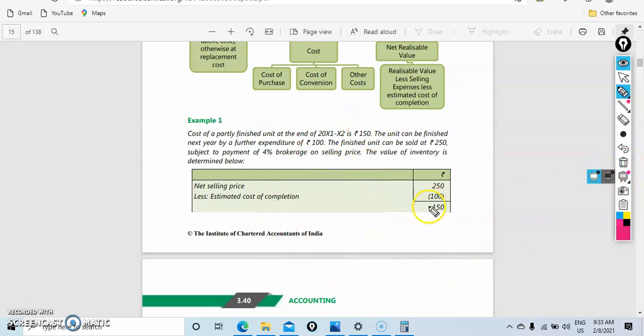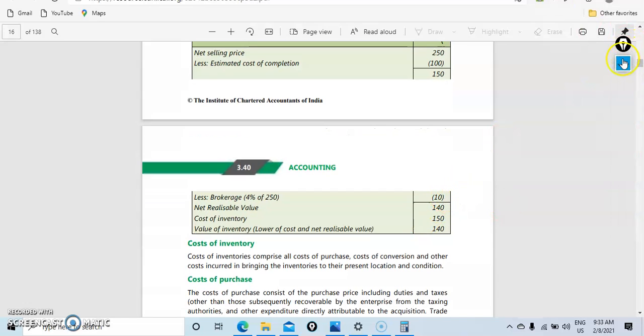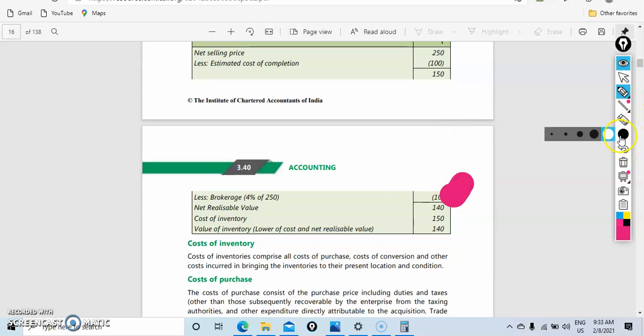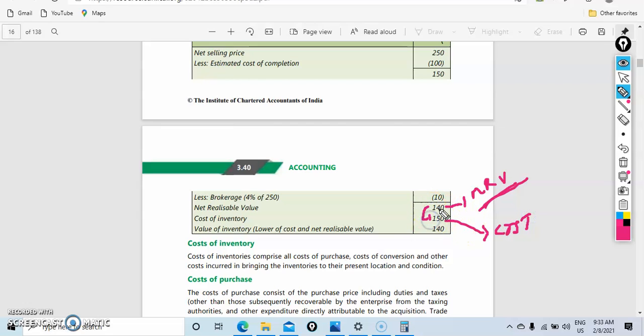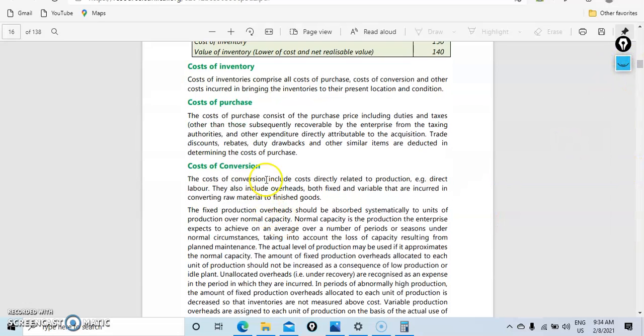So when you see the answer, first of all the selling price, then the selling expenses. Here they calculated NRV for the partly finished goods. Already the cost is given for the partly finished unit, and we got the NRV also. Now whichever is lower, NRV is lower, so we will measure at NRV only.